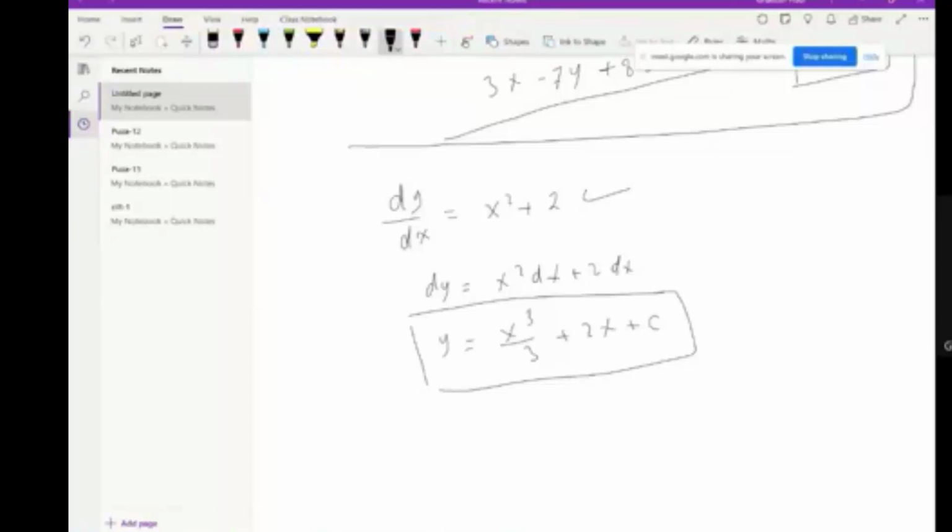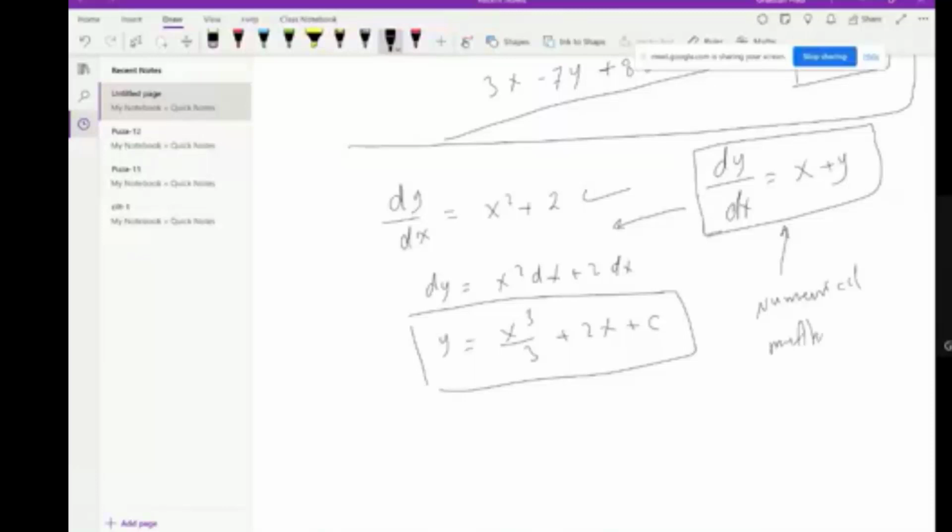But if you have something like dy over dx equals x plus y, this is also a differential equation, but you cannot solve it this way. Then it will be so easy to use numerical methods.